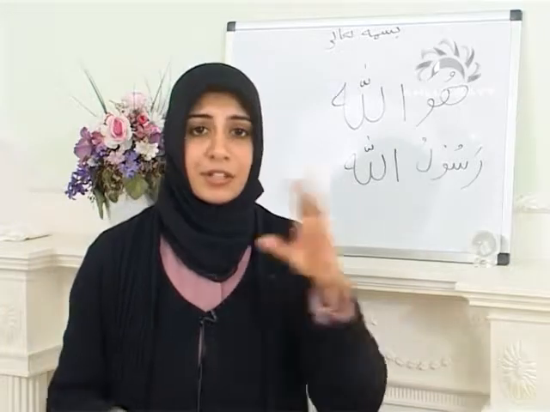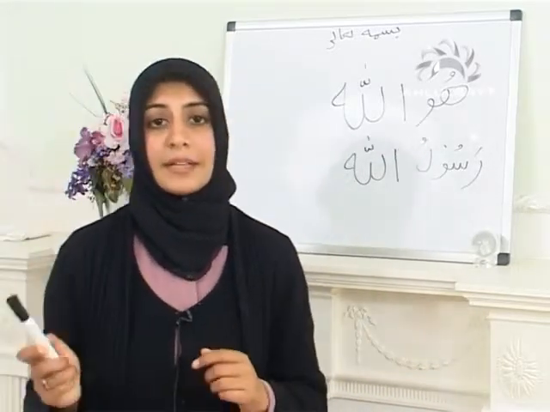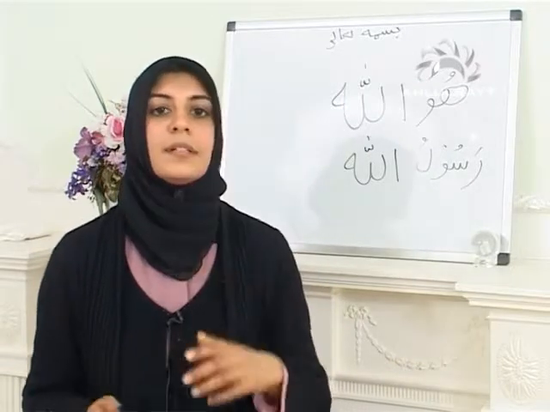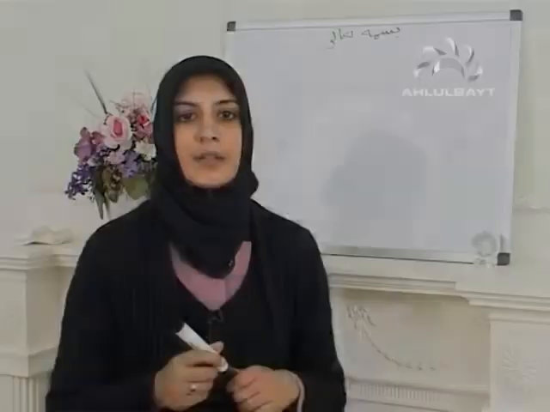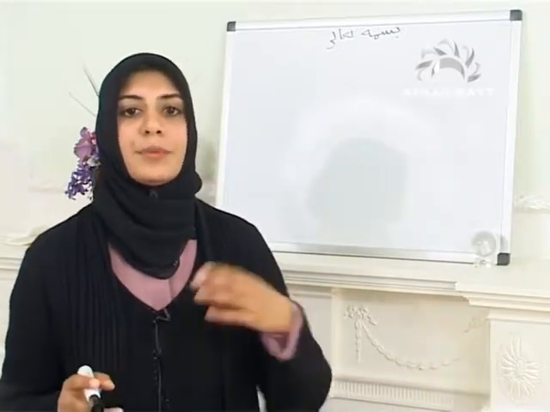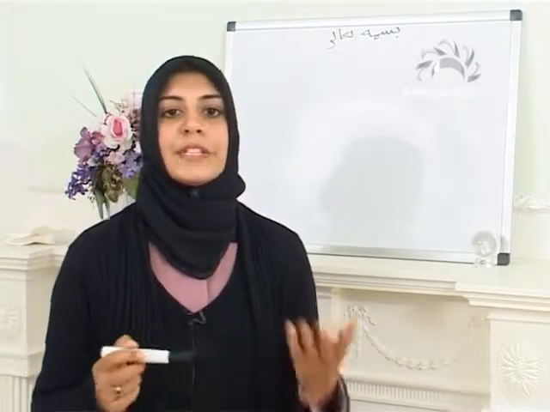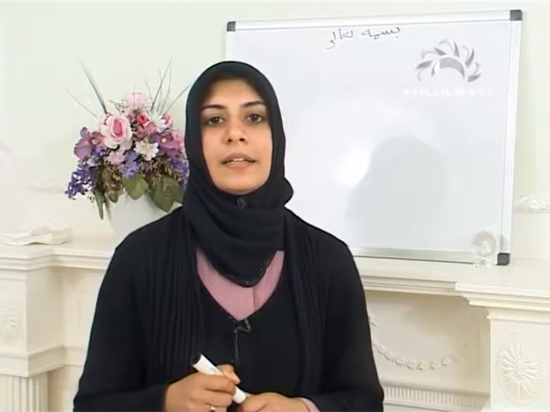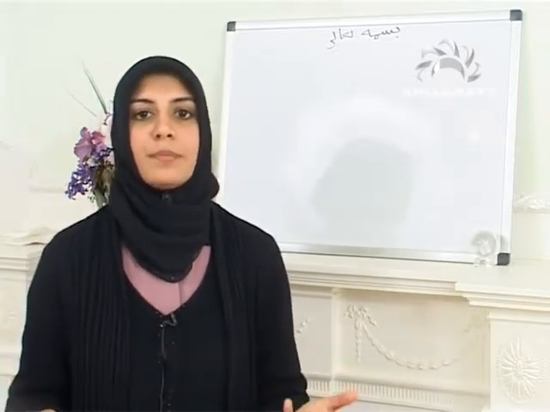Now, naturally, that means that when the lam in Allah is preceded by a kasra, the lam will be light. So when the lam in Allah is preceded by a kasra, the lam will be pronounced lightly. For example, when we start the Holy Quran, we seek protection in Allah from shaitan.